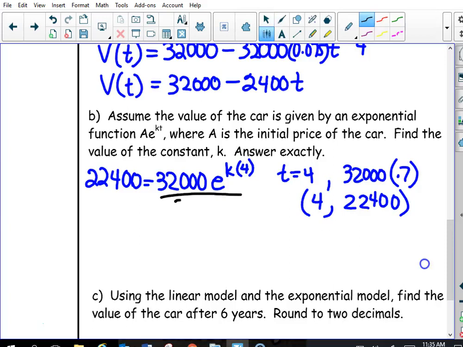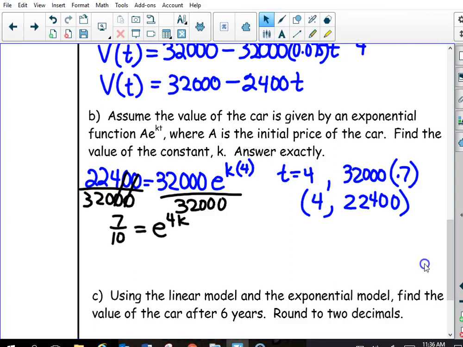I'm going to do that doing some division. Now, I try to keep these numbers exact, and there's a little bit of reducing I can do with the zeros. When I reduced 224 over 320, I eventually, just by dividing by 2, I got down to 7 over 10. Or you could use 0.7 because it's exactly equal to 7/10. So I get 7 over 10 is equal to e to the 4k.